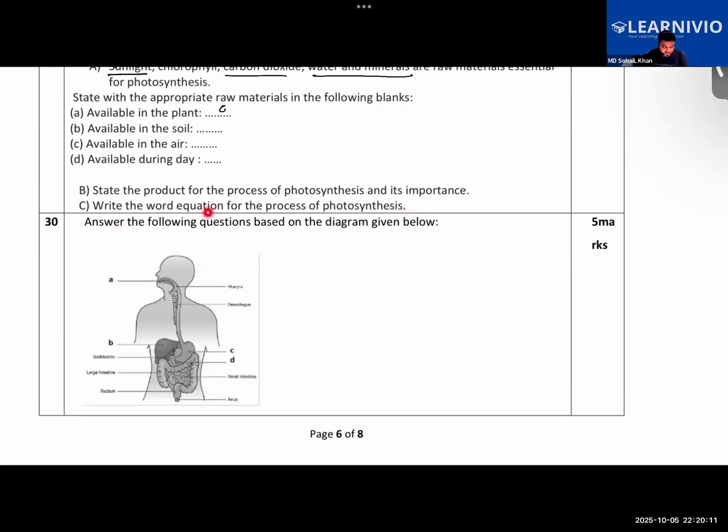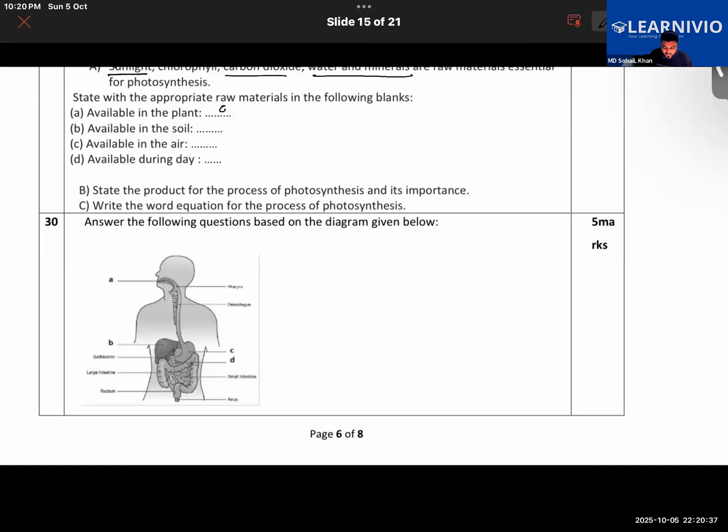The product of photosynthesis is sugar, but you should rather say glucose. Glucose is the food produced during the process of photosynthesis, right? And what is the importance? Glucose is a simple sugar. You should say the product of photosynthesis is glucose, which is a simple sugar, and oxygen, right?